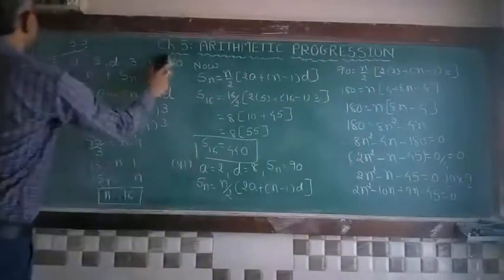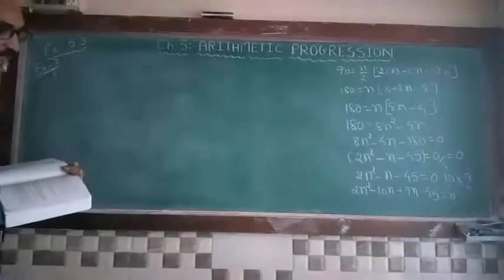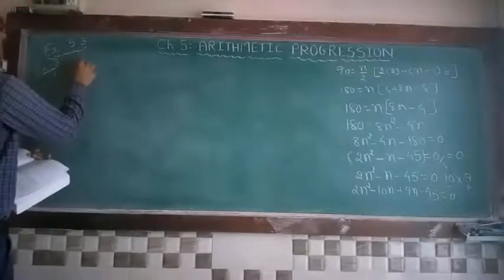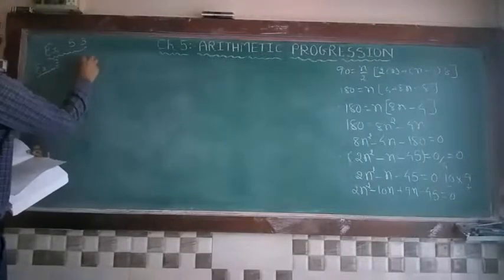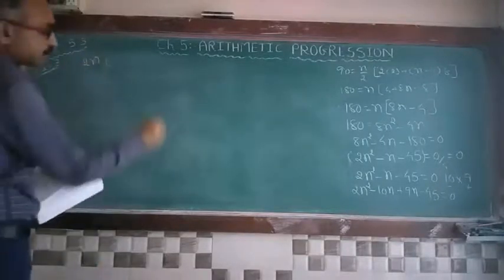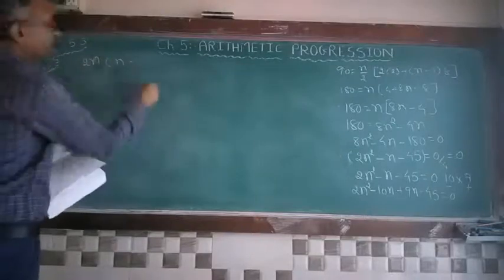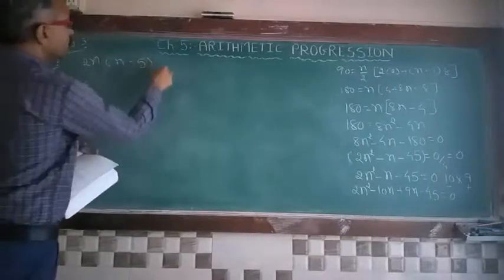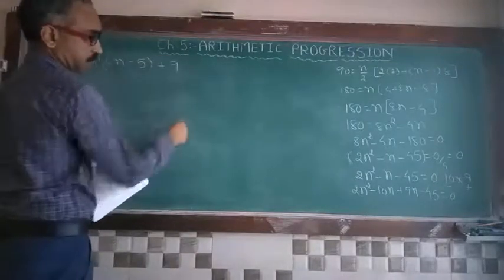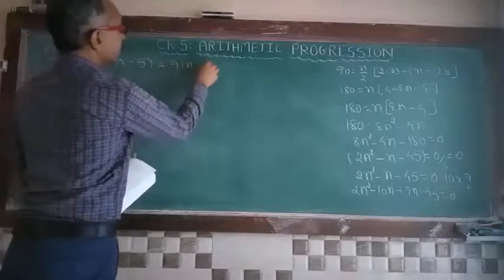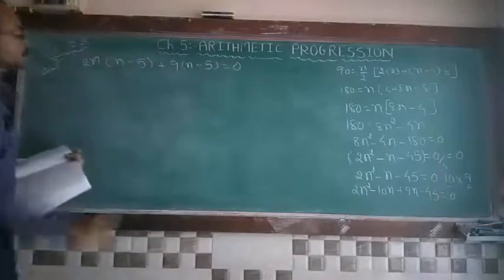Now see. Take out 2n common, remaining is n minus 5, plus 9 is common, so remaining is again n minus 5, is equal to 0.